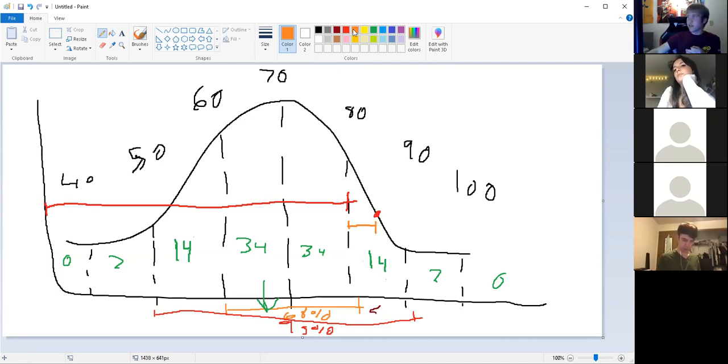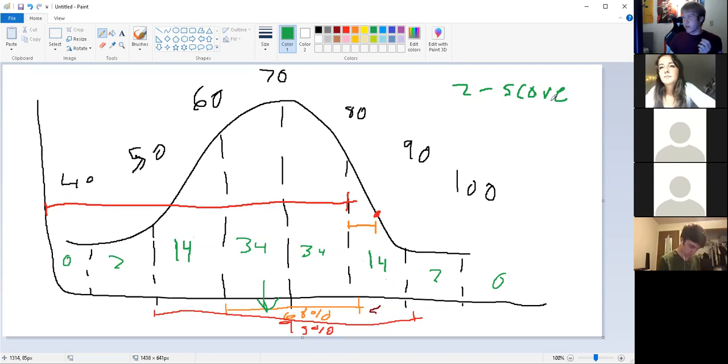But also, like some people were saying in the group chat, if you wanted to, you could convert to a z-score and then approximate a percentage that way, but that's really exact. And I'm pretty sure the question is asking you to just make your best guess based on a drawing.